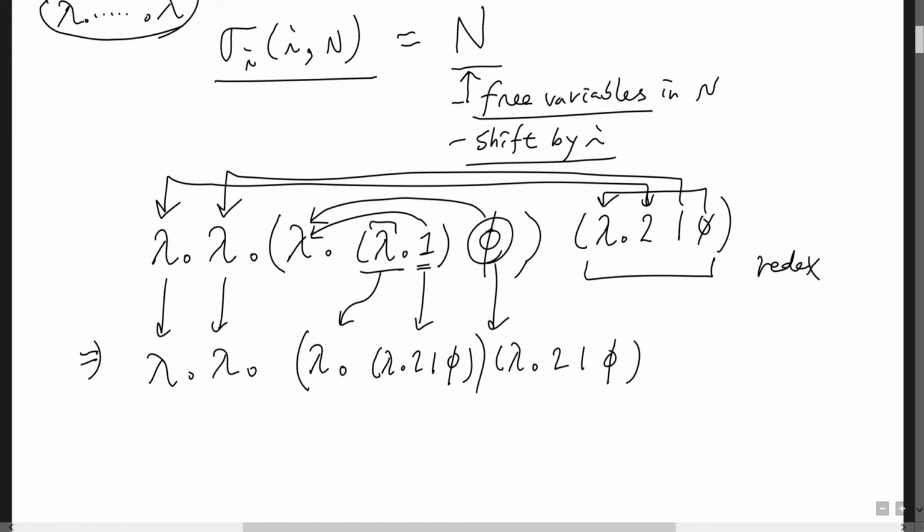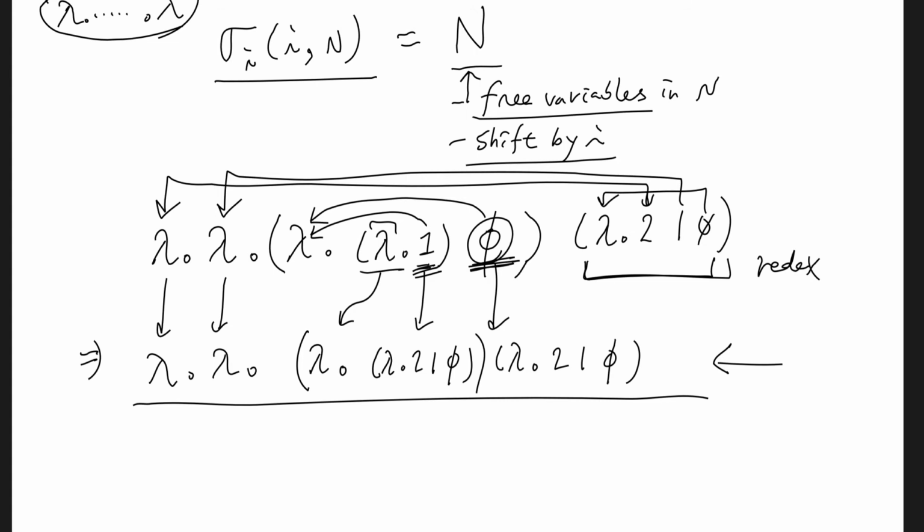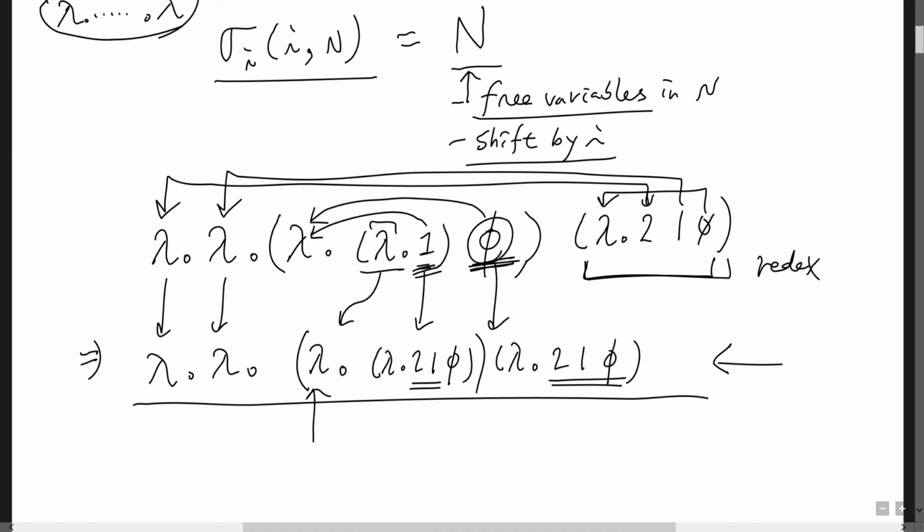So if you literally replace these indexes 0 and 1 with the argument, you obtain this expression. But this is clearly wrong because these indexes are fine, but these two indexes are pointing to wrong lambda binders because of this one. So 2 is supposed to point to this one, but in fact it points to this one. And this 1 is supposed to point to this lambda binder, but actually it is pointing to this one.